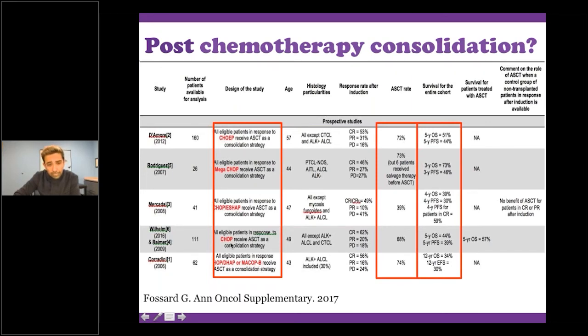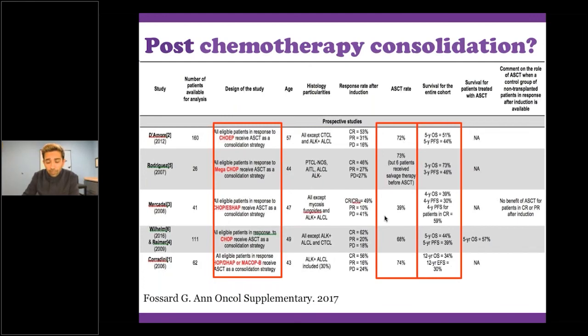So the bottom line is patients got some form of initial chemotherapy, followed by an autologous stem cell transplant. And as you can see, about 70% of those patients were able to go to transplant. And if you look at their 5-year or even 3-year overall survival, it was similar to the group that did not get the transplant.